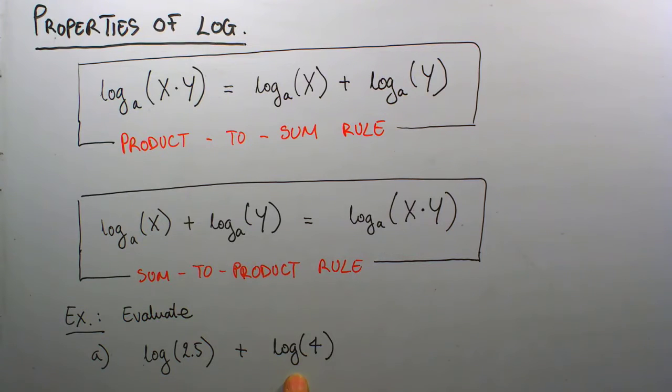For people who have a calculator a lot more basic than the one I've just shown on the screen, the order of the operations is that we have to take the logarithm base 10 of 2.5 and the logarithm base 10 of 4. Those two will turn into very ugly looking decimals.